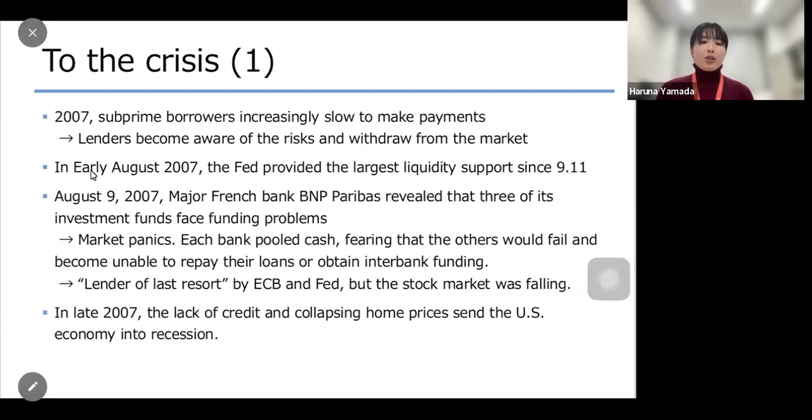Against such a situation, the ECB and the Fed acted as lender of last resort, but the stock market kept falling. In late 2007, the lack of credit and collapsing housing prices sent the US economy into recession.